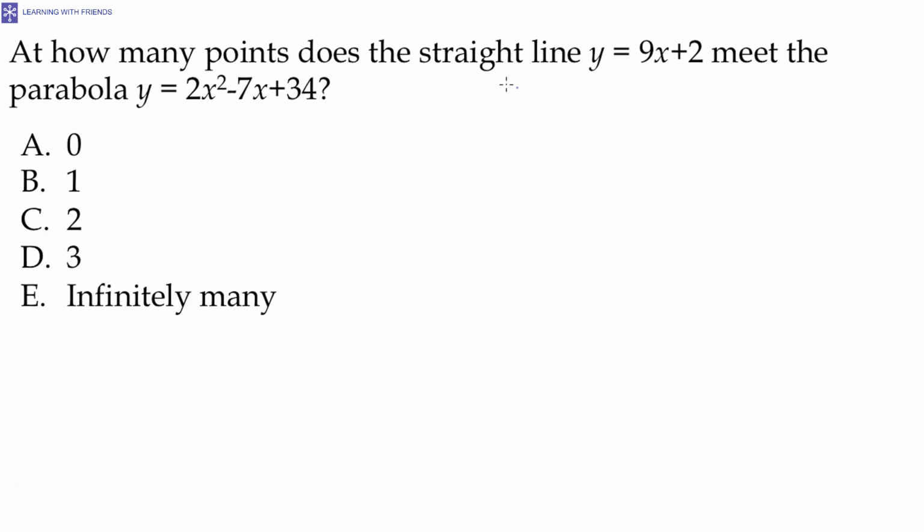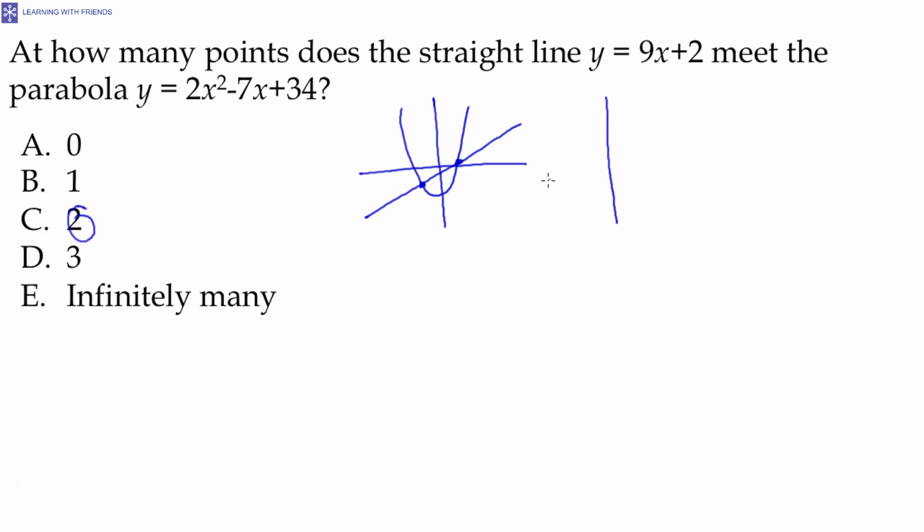Now in general, not just particular to this question, if this were my coordinate axis and this was my parabola, right, just a rough sketch again, then it's possible that this straight line cuts the parabola at 2 points. So one point is here and the other point is here, right? So it's possible to have 2 points of intersection. So I need to look out whether 2 could be my answer.